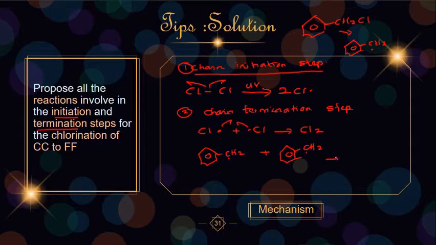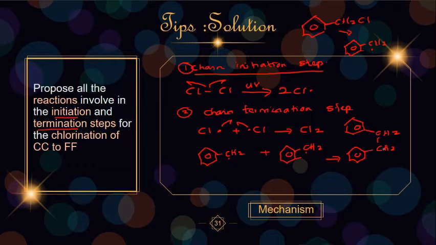Okay, so what is the product formed here? You can get here, okay, you use CH2 here, dot, another one CH2. You can see that another CH2 is also bonded with benzene. It becomes like this: CH2, CH2, CH2, CH2, another one.